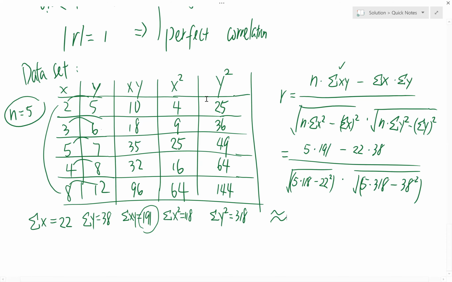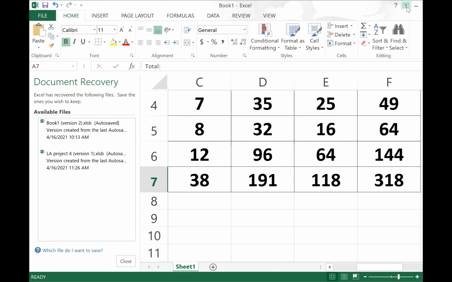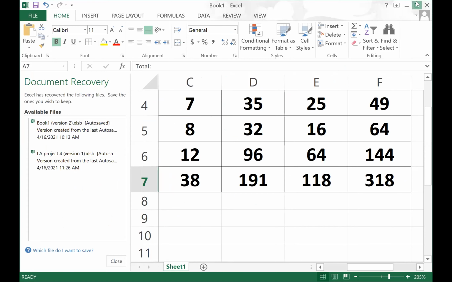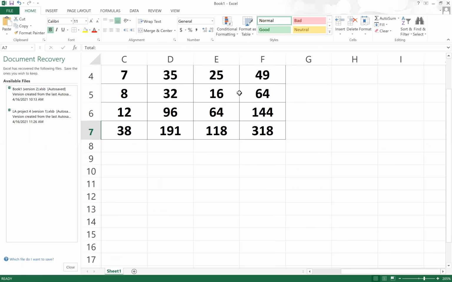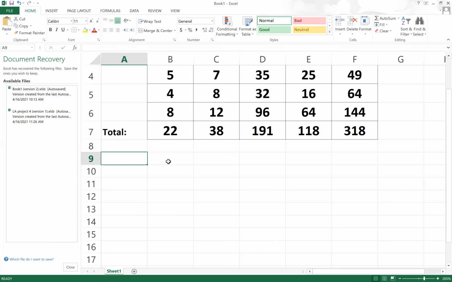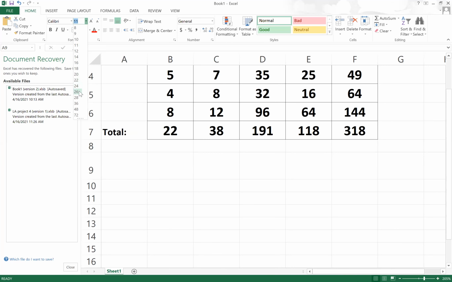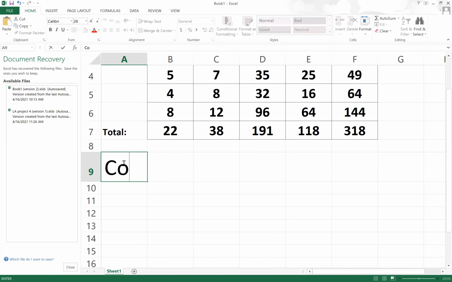Okay, we'll go back here. So we need to calculate the R. Okay. Well, let's lay down what we'll try to calculate, right? So we try to calculate correlation. The font size is too big. Okay, continue.